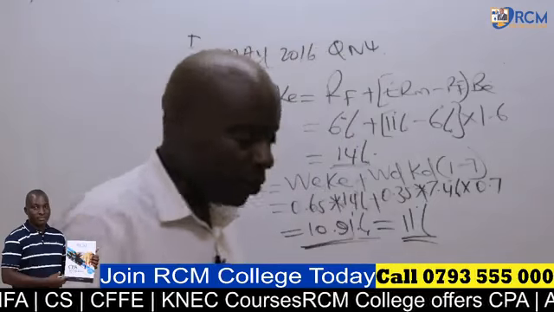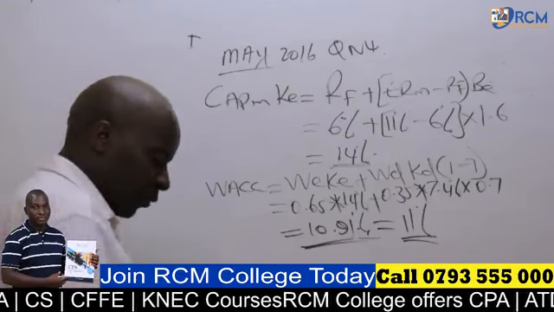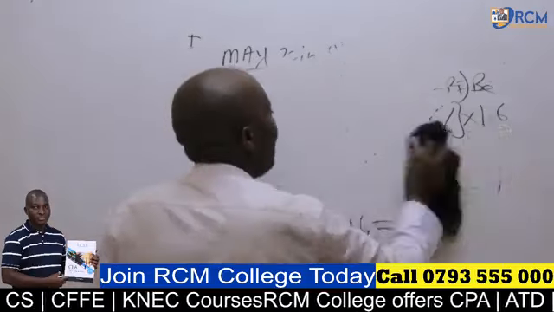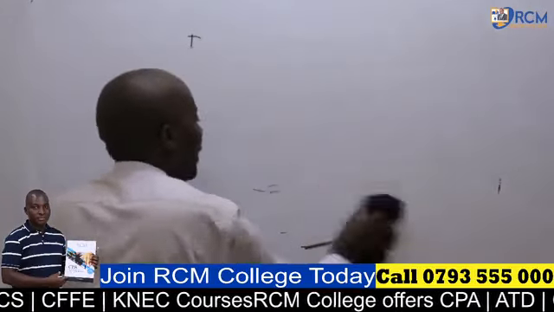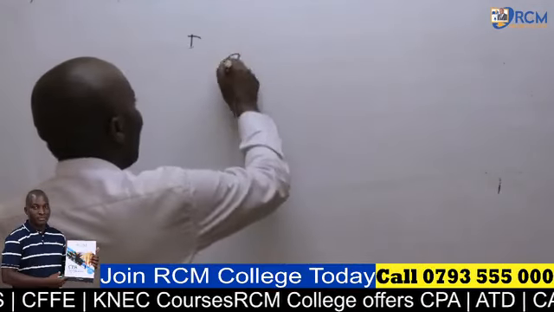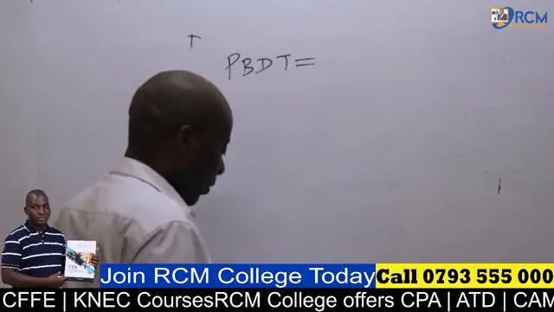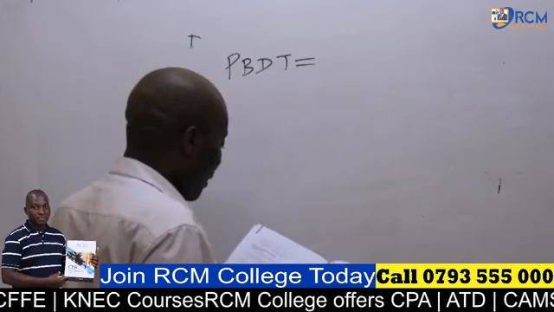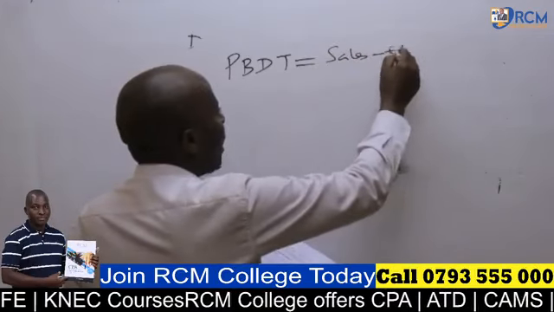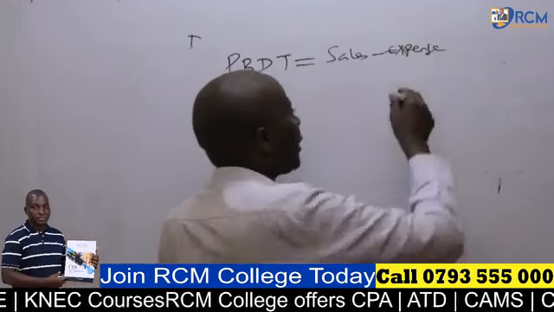How will I get this profit before tax? Profit before depreciation and tax. My profit before depreciation and tax will be equal to our sales, from which I subtract whatever they are calling cash expenses, and I'll subtract interest.